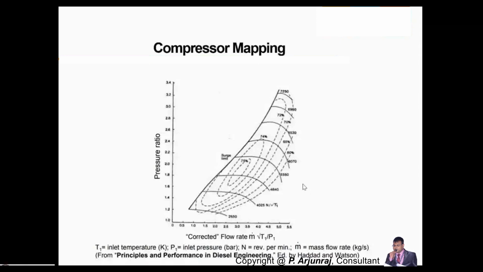Suppose you select an efficiency higher than what is required, then again you are giving excess load. Even though the efficiency is going to be higher, you are unnecessarily increasing the pressure or the flow rate, which is not required.